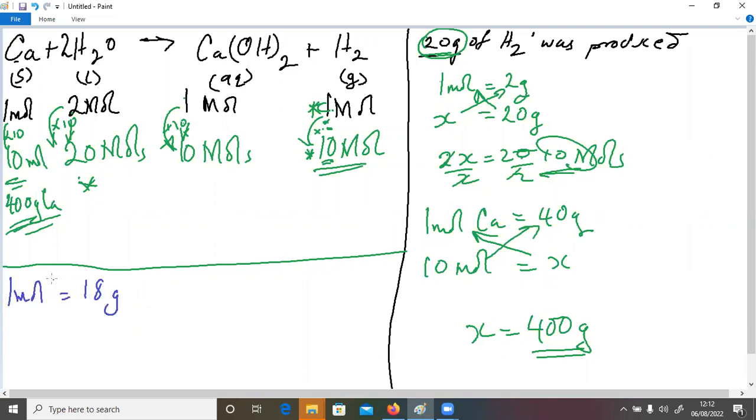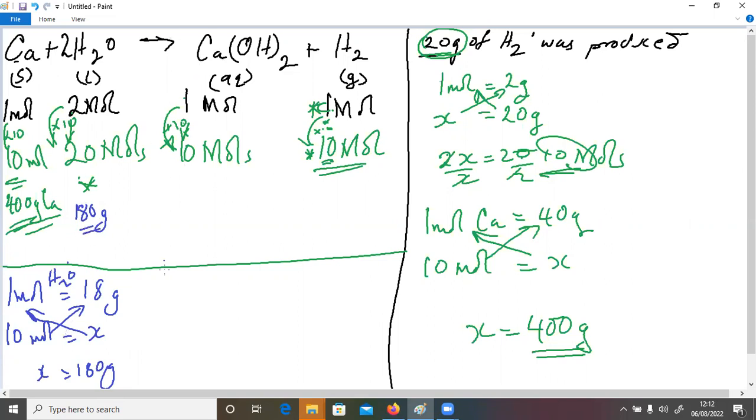We said H2O: 1 O is 16, 2 H is 2, so 16 plus 2 is 18. So 10 moles of water, what is the weight? You cross multiply and you get x is 180 grams. So it means that we must use 180 grams of water in the reaction.